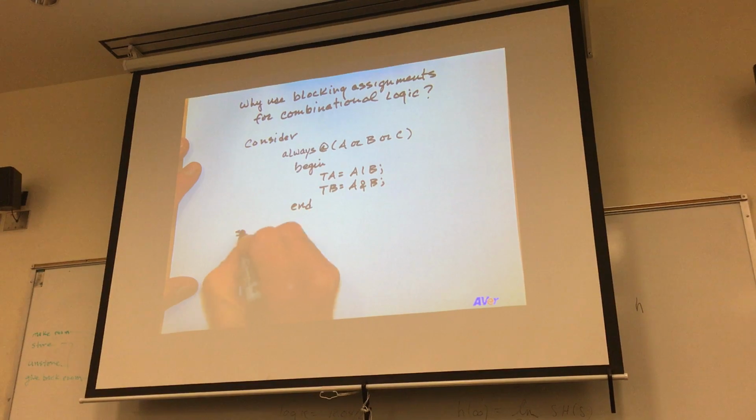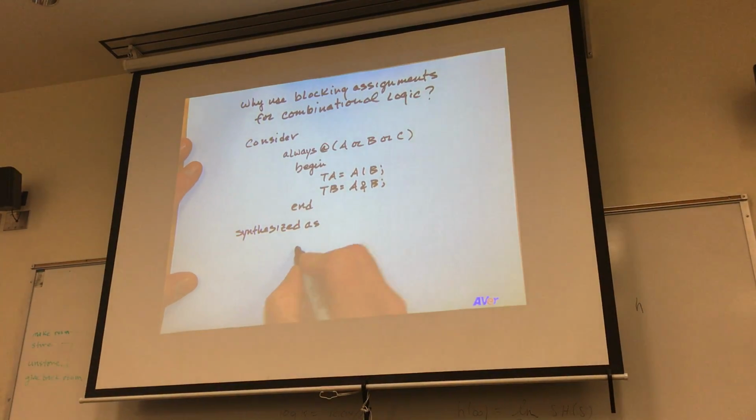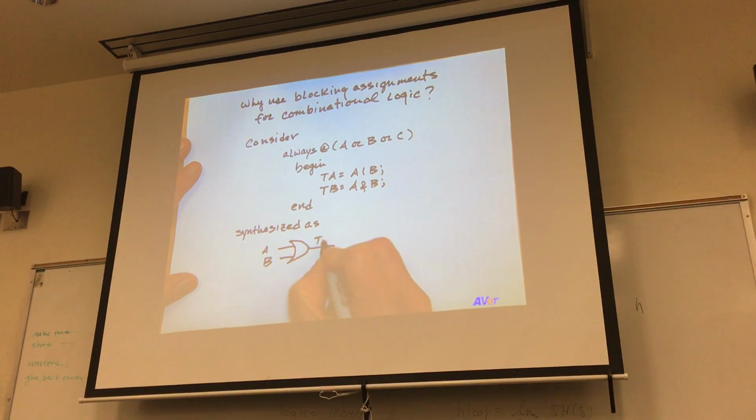So if I look at the synthesized circuit, that'll give me TA.